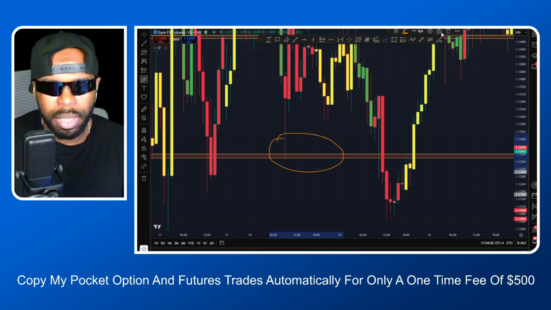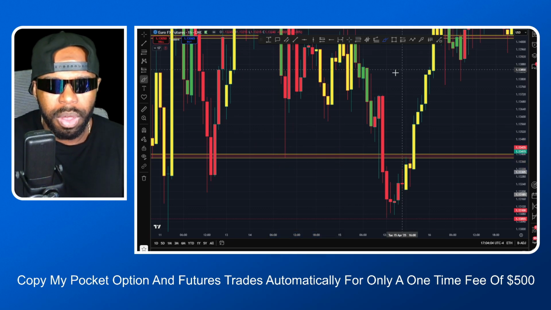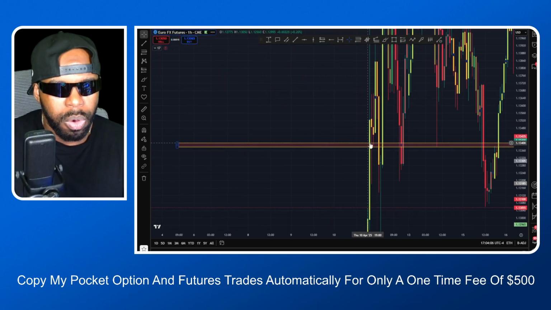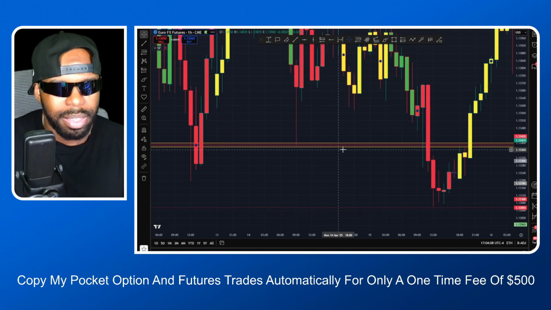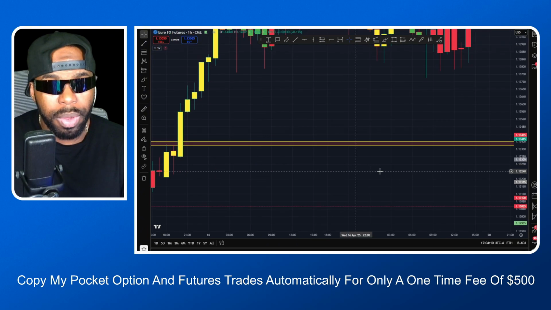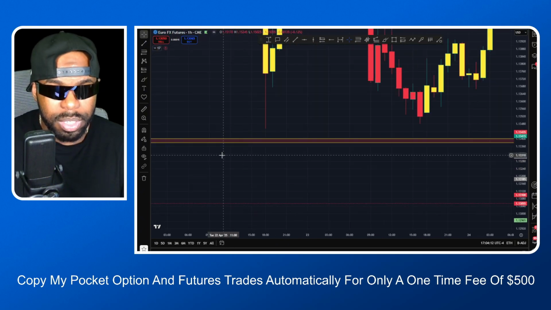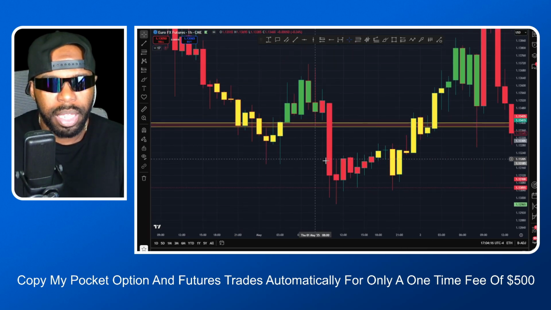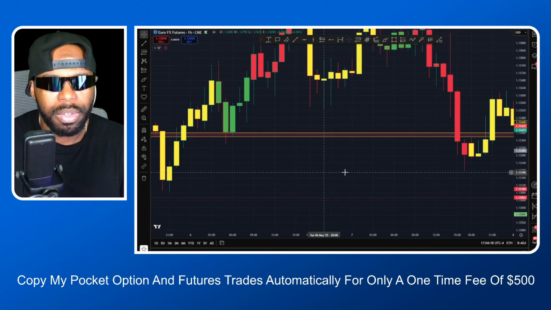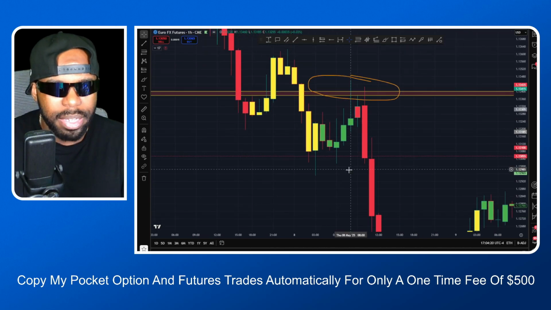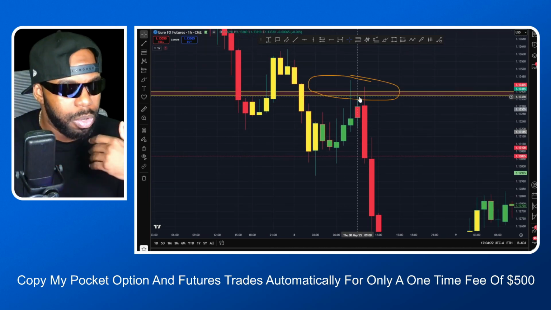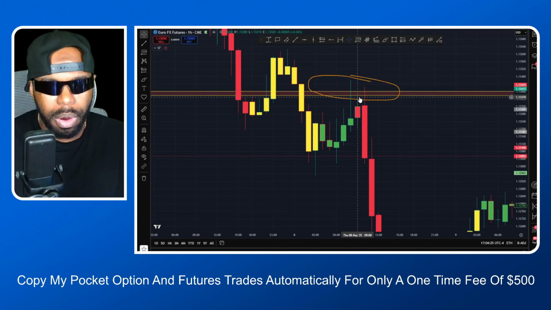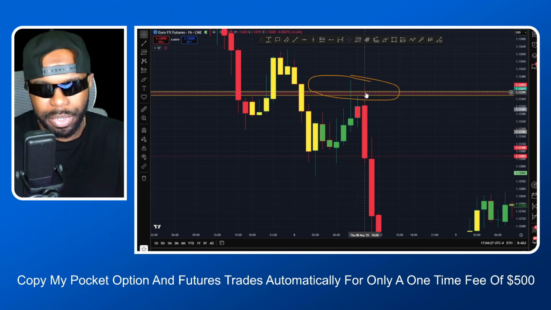So that tells me, by drawing my zone into the past, that this zone right here is a strong zone. It's not a weak zone, because price has been rejecting this zone in the past. So whenever price comes back into the zone, if it's strong, you'll most likely see a rejection.